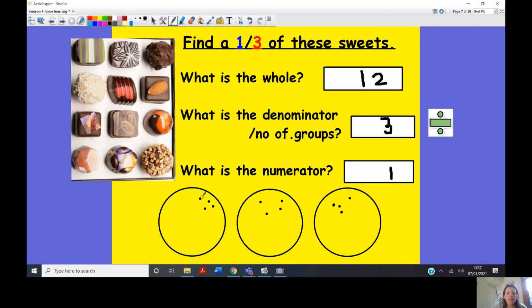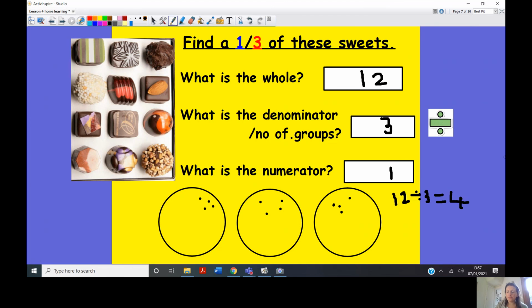How many in one of the 3 groups? 1, 2, 3, 4. And we know that 12 divided by 3 is equal to 4, because we know our division facts for our 3 times table.